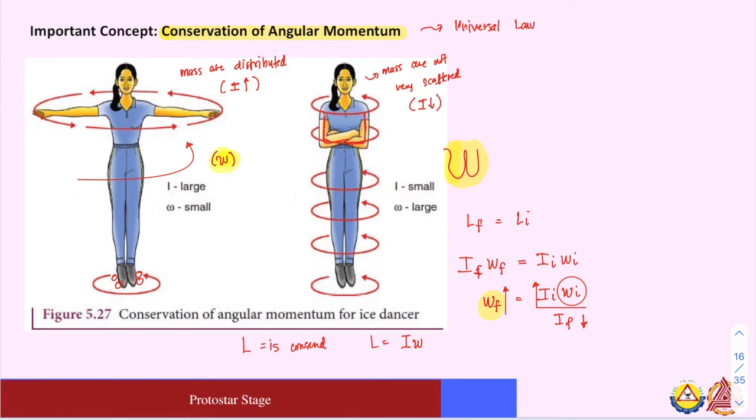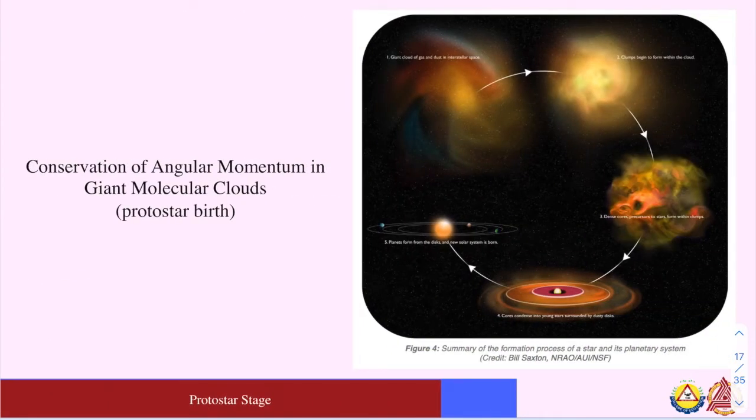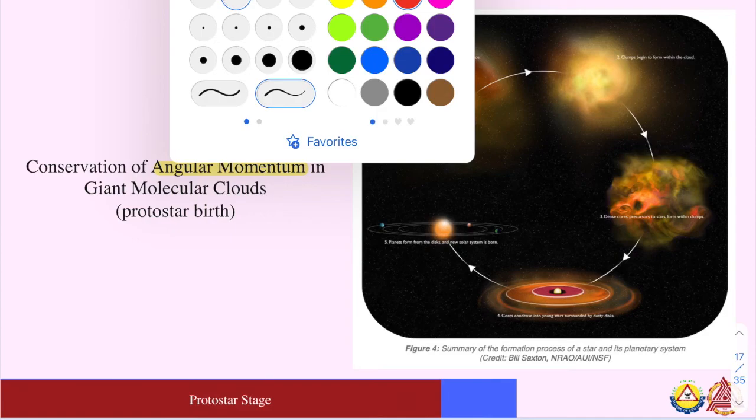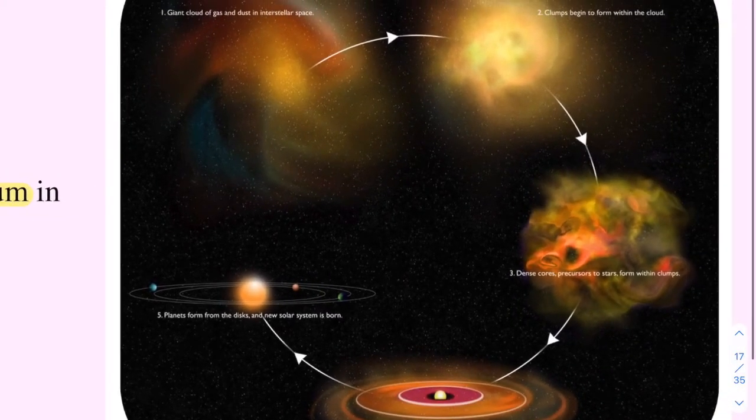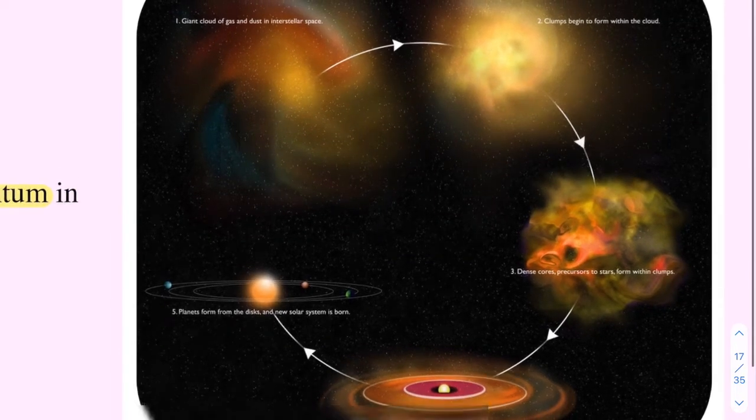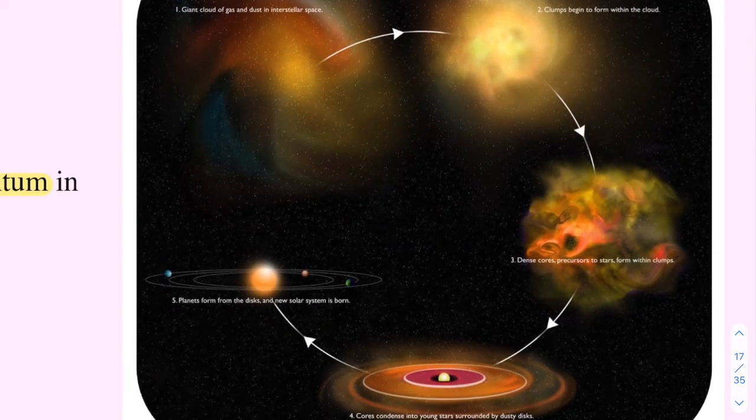And I would like you to take note, because in the context of protostar development from your giant molecular cloud, that is a very relevant concept, the conservation of angular momentum. Now, take note, I'm just going to zoom out here. In the giant molecular cloud of gas and dust in interstellar space, of course, initially your masses are very much distributed.